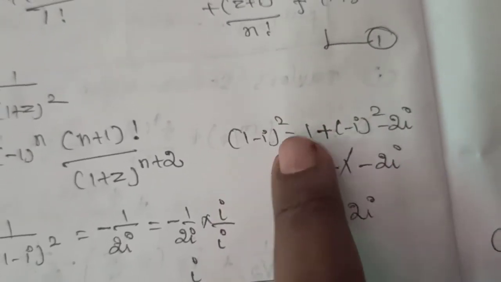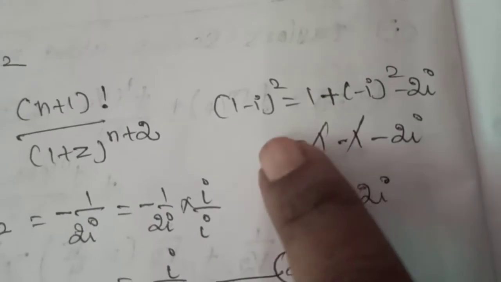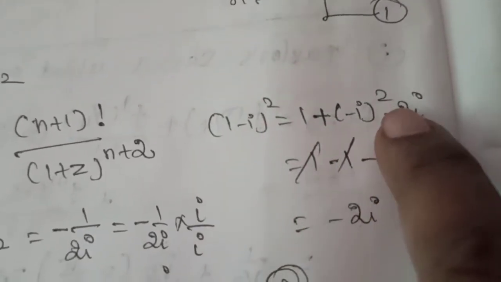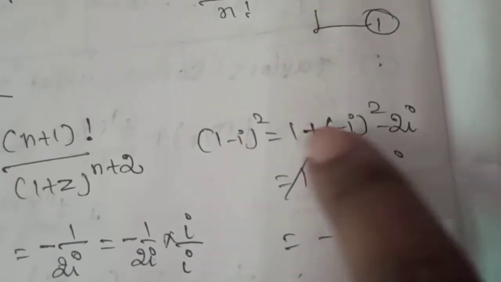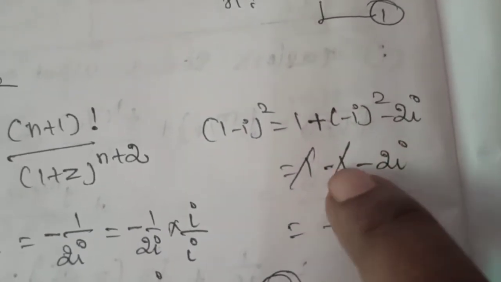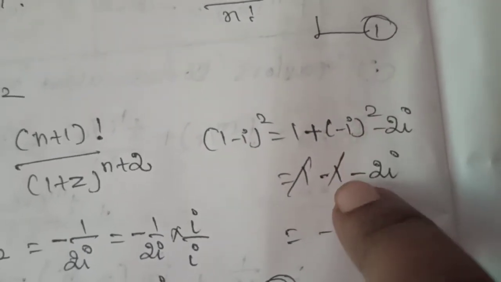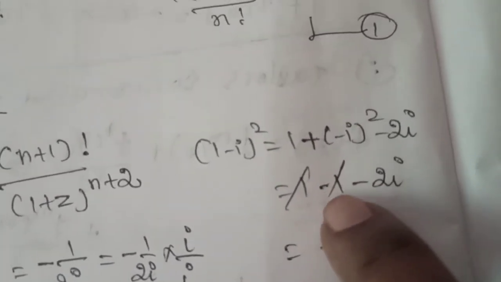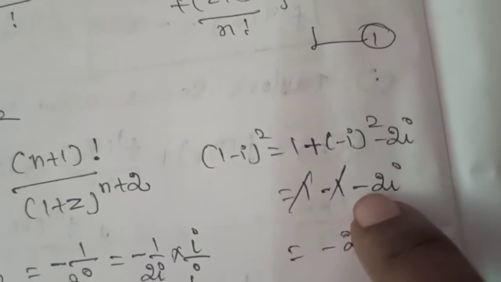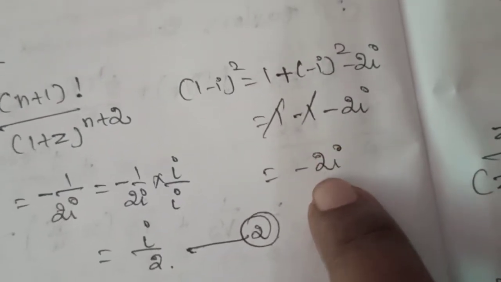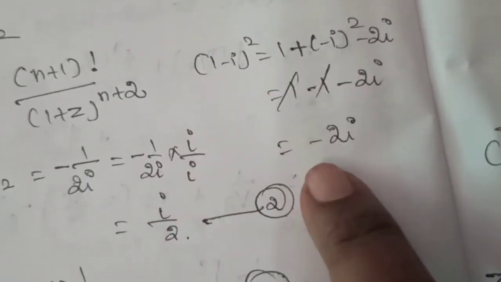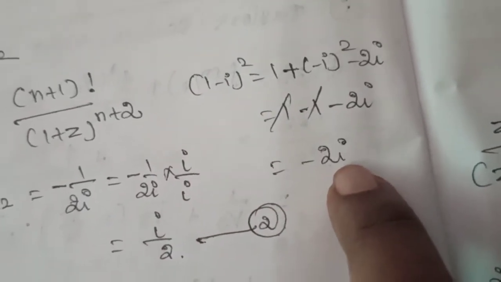So (1 - i)^2 is 1^2 + (-i)^2 - 2i, that is 1 plus i^2, which is minus 1, minus 2i. So 1 minus 1 cancel, and finally the remaining value becomes minus 2i. Therefore (1 - i)^2 becomes minus 2i.